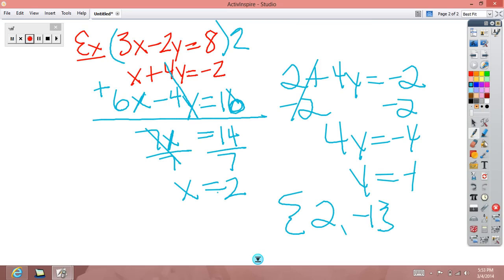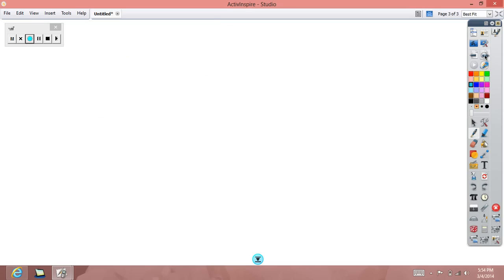All right, so with 3 equations, it's similar, but we have to use 3 equations, and so there's an extra step here. So let's try one of these.